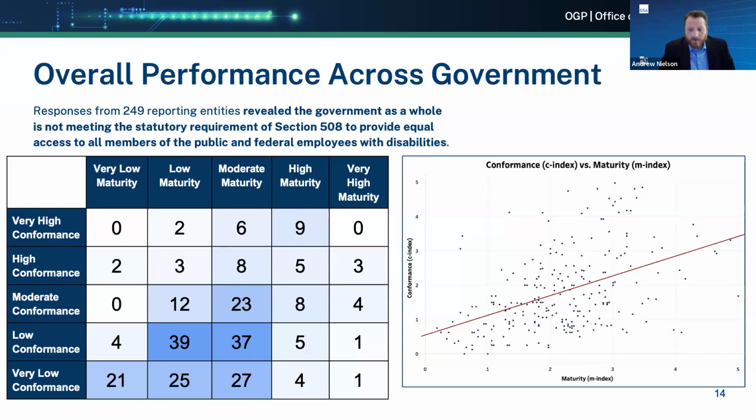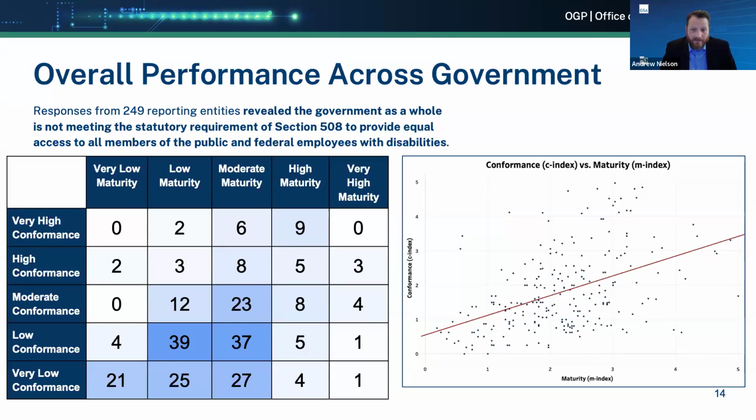And what we're seeing here on the left side of the screen is a heat map where the darker the shading, the higher the number. That's also visible with the number. But in that 5x5 matrix, just to describe what we're seeing, there is a lot more shading in the area of the matrix between very low maturity and moderate maturity.